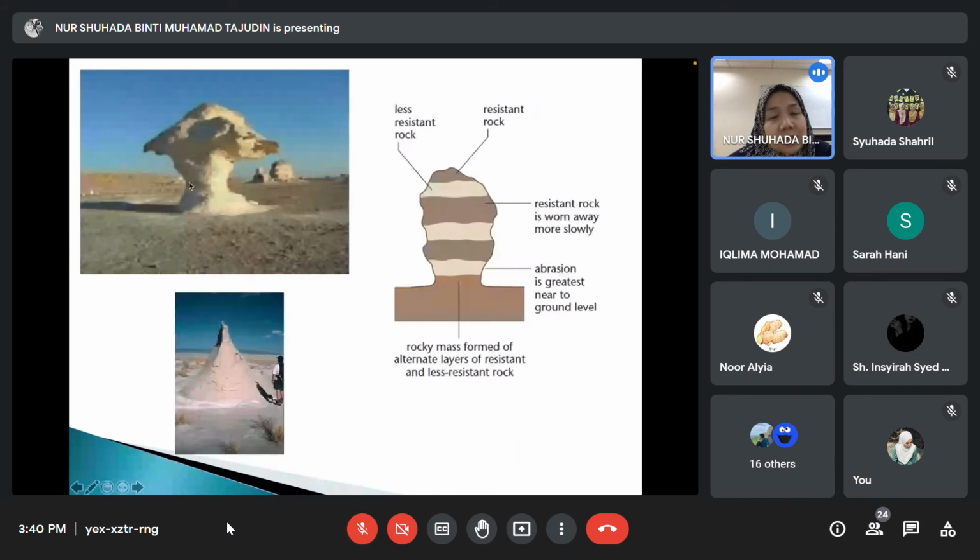The wind speed is usually affected by the area. In an area like this it is actually faster. That is why it collides more and greater near the ground level, and at the same time it carves the big rock.